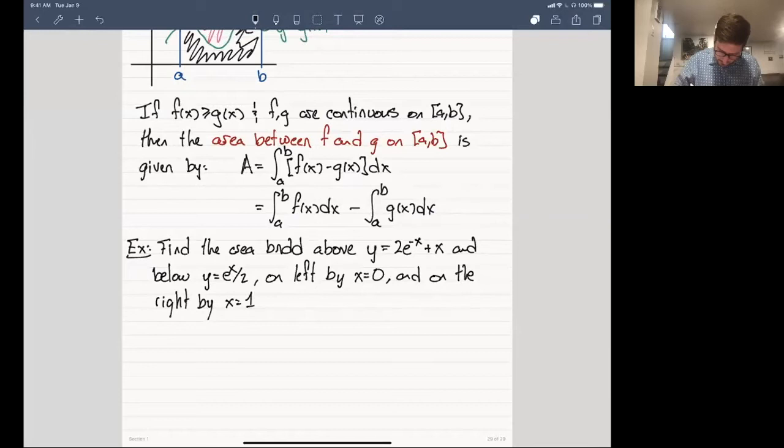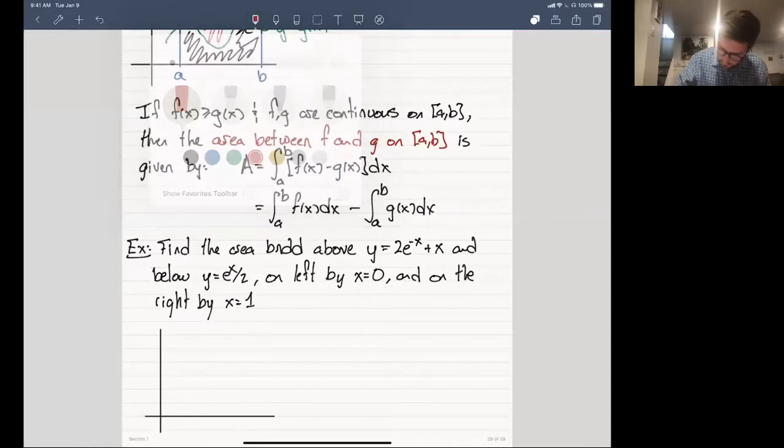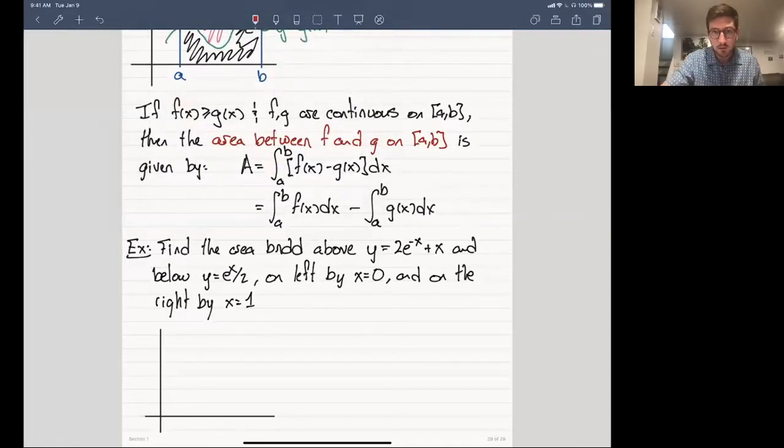Okay, so let's give it a little sketch, just so we can visualize what exactly it is that we are drawing here. I believe actually this should be below.